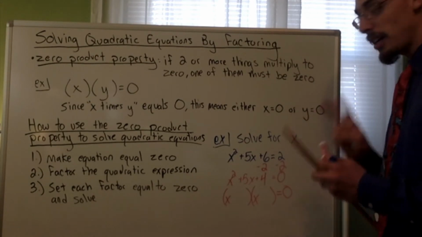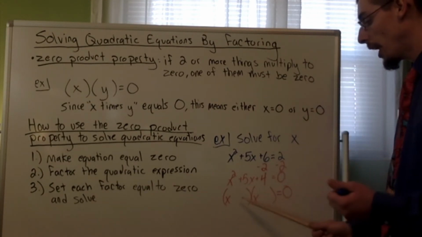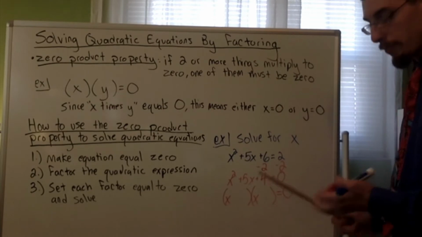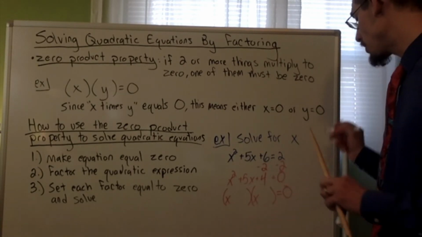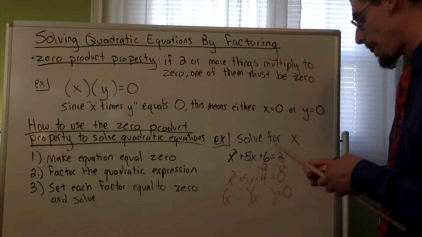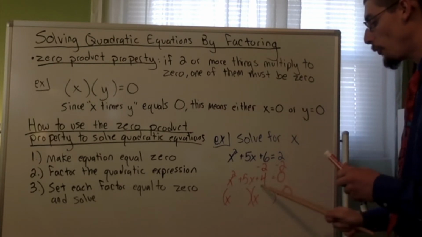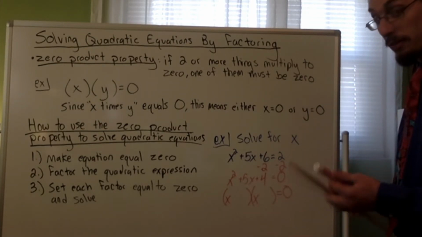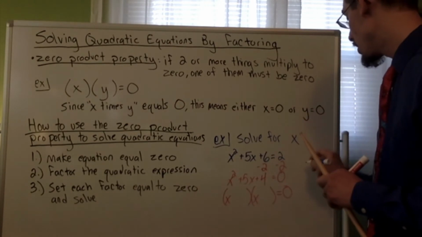Then, we need to find 2 numbers, because we need to figure out what the rest of the expressions are. I need to find 2 numbers that multiply to 4 and add to 5.